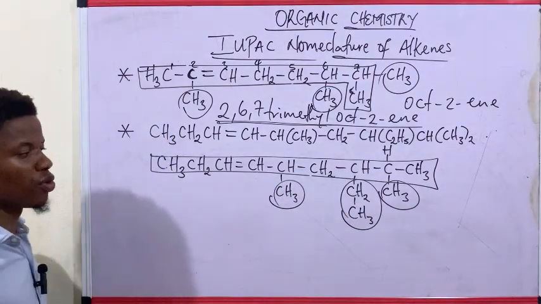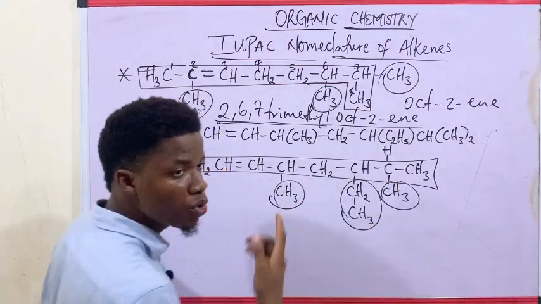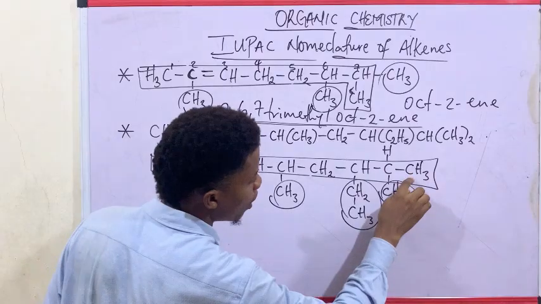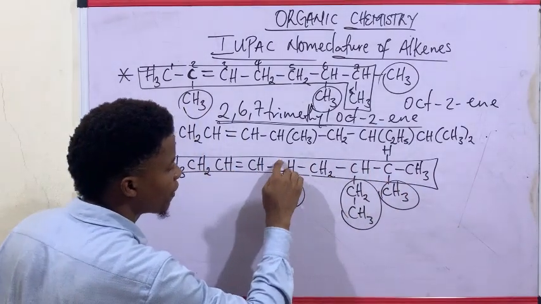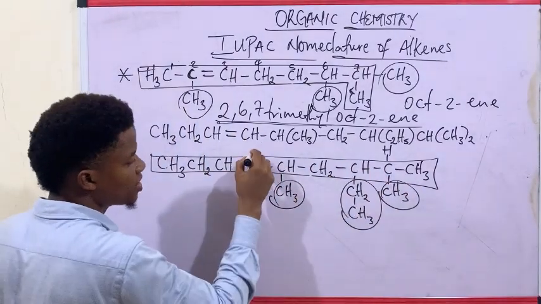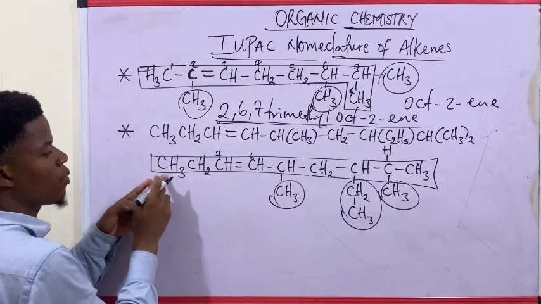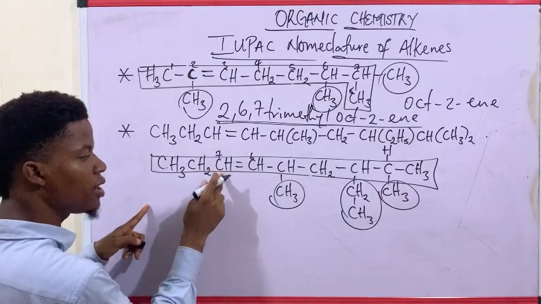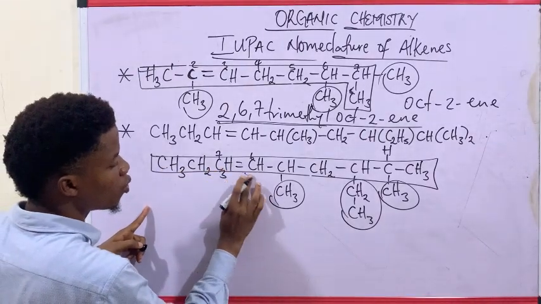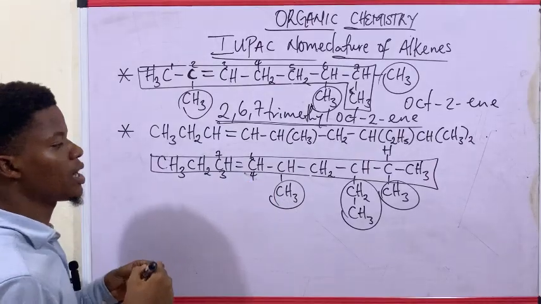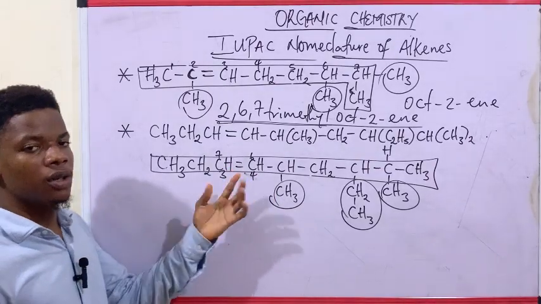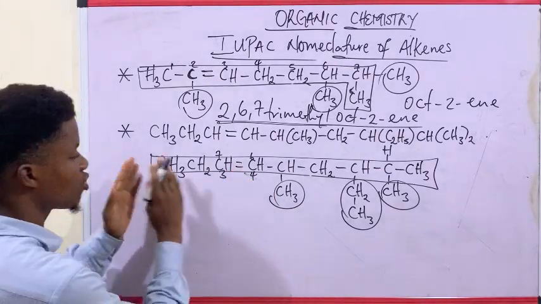So now let us start our numbering. Now do we start our 1 from here? No. Because if we start our 1 from here, that'll be 1, 2, 3, 4, 5, 6. So we now have 6, 7. But if we start our 1 from here, 1, 2, 3, 4, so now it will be 3, 4. So which direction gives the carbons with the double bond a smaller number? This numbering direction.